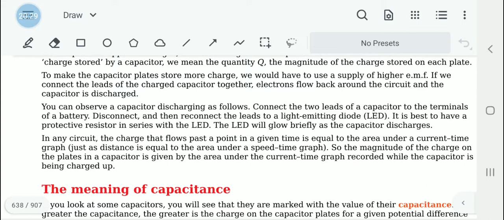If a higher charge needs to be stored in a capacitor, we have to use a supply with higher EMF.